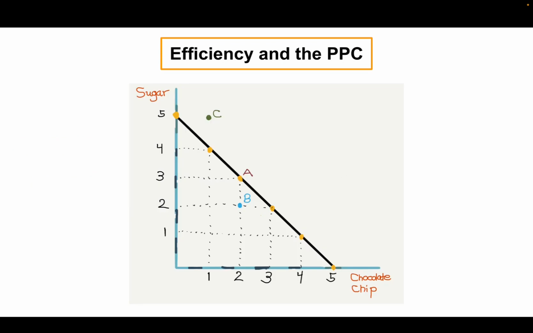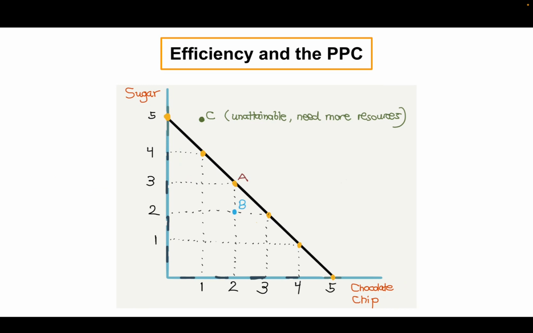And then finally, in this section, I do want to look at one other possibility, which is a point that is outside or above the production possibilities curve. And here we're going to label that point C. Point C represents an unattainable combination, which means we need more resources, right? Point C actually is not possible to produce. Why?